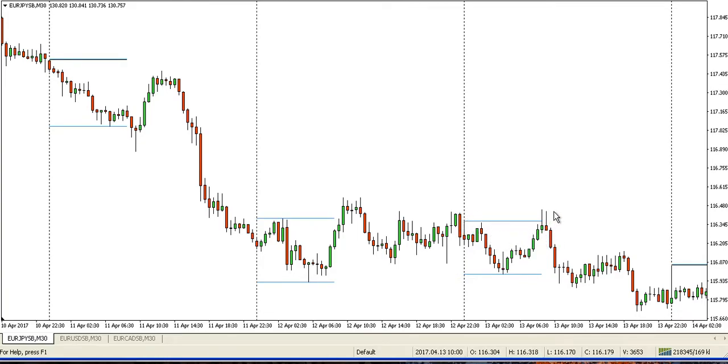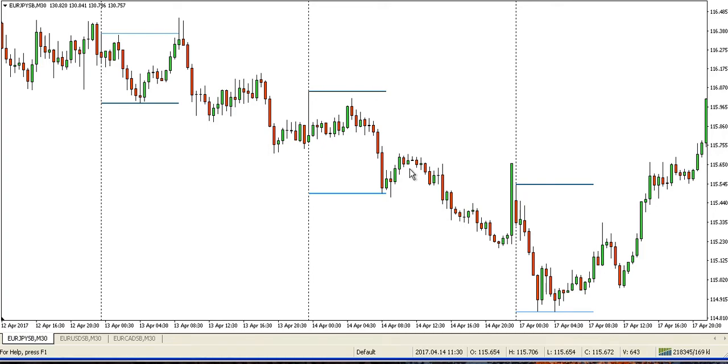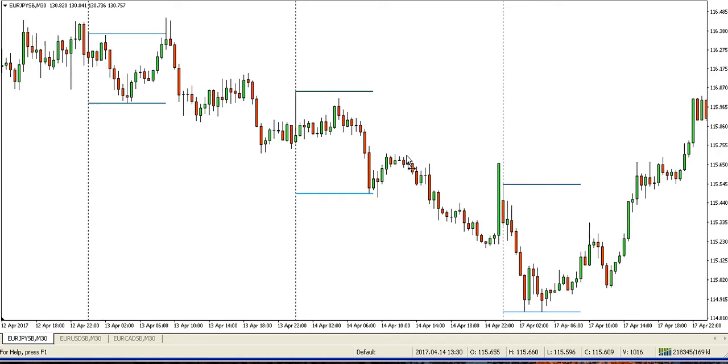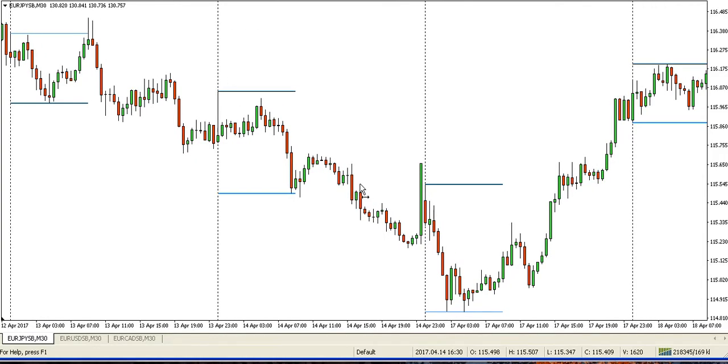Stops out again, add another trade. Price moves in your direction, retraces, add another trade, it stops out, add another trade, and that one goes through the TP. So you see, we're just taking a trade, waiting for price to move away from that trade, retrace, and then you can add another trade.